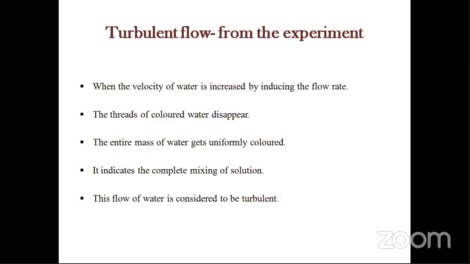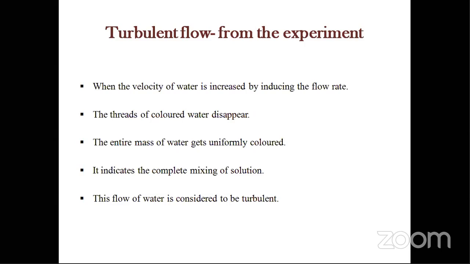Now coming to turbulent flow. Turbulent flow occurs when you increase the speed, when the velocity of the water is increased along with the flow rate. So if the velocity increases, the flow rate also increases with it.